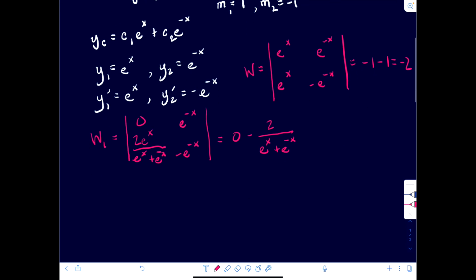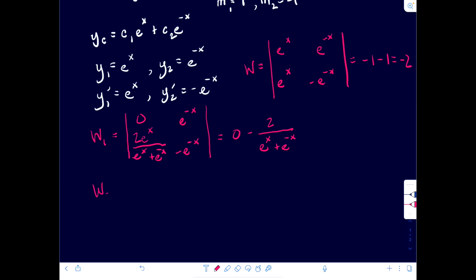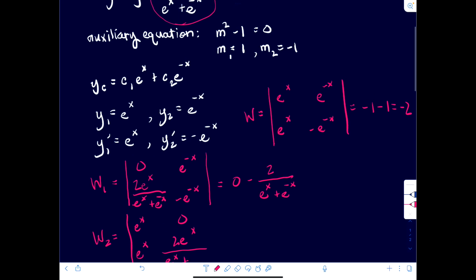And then our second Wronskian, our W2, our second numerator Wronskian, will be just e to the x, and then the second column will be 0 to e to the x over e to the x plus e to the negative x.